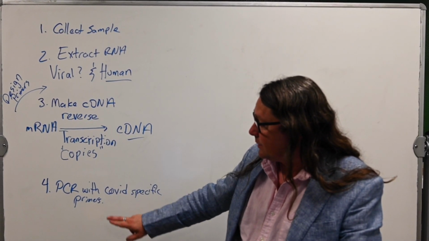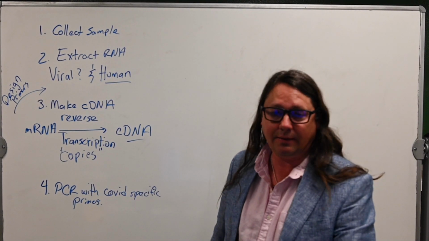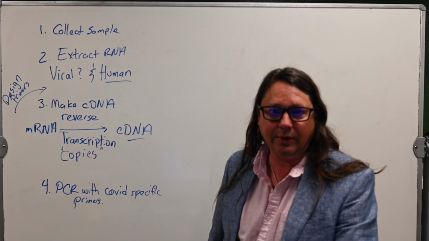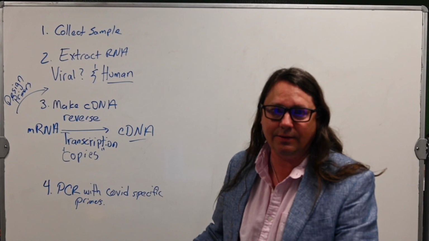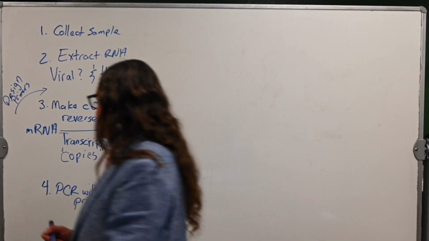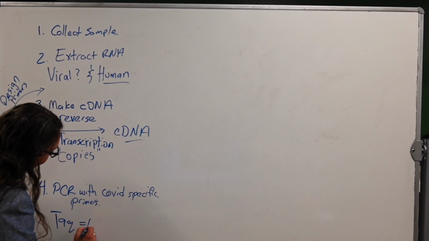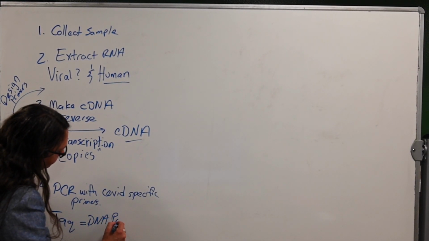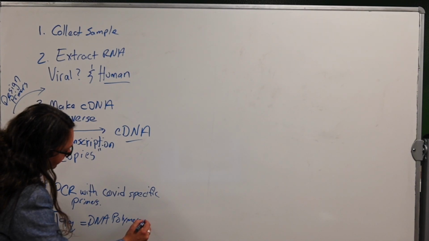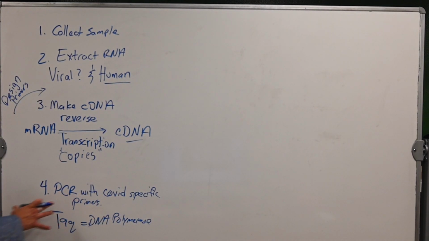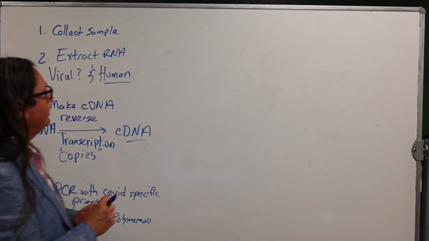So it tells the polymerase where to replicate the DNA, right? We call it Taq, right? But Taq is the DNA polymerase. Taq is the brand name, but it is the enzyme. So we copy this, and then what can we do?